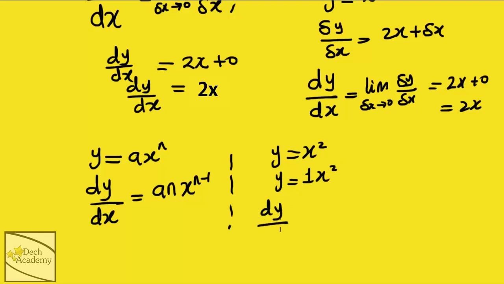So dy/dx is equal to 2 times 1, times x to the 2 minus 1, which is equal to 2x to the 1, which is equal to 2x. So which is the same thing as this. So this technique essentially gives you the result that was obtained by the long derivation I just showed.